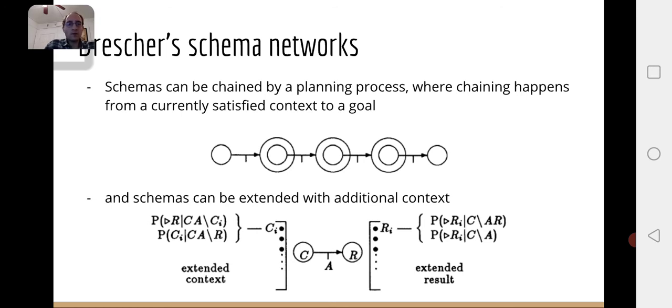Thrasher took a pragmatic approach, that is, if the predictive power of a schema is not large enough, meaning its probability is not high enough, it's often an indicator that there is some contextual cue missing that needs to be added in the precondition of the schema in order to enhance its predictive power.